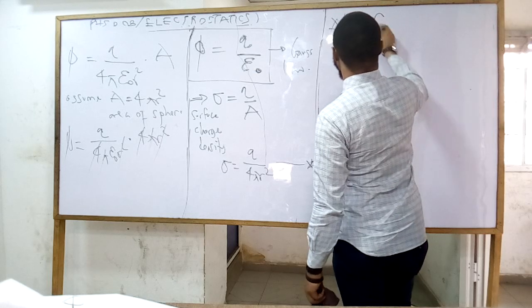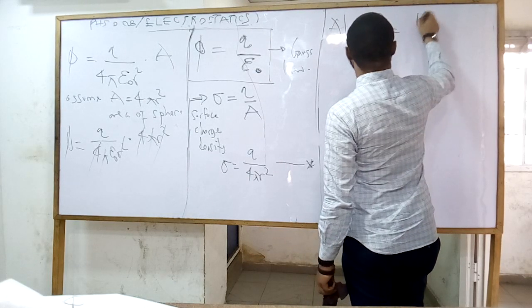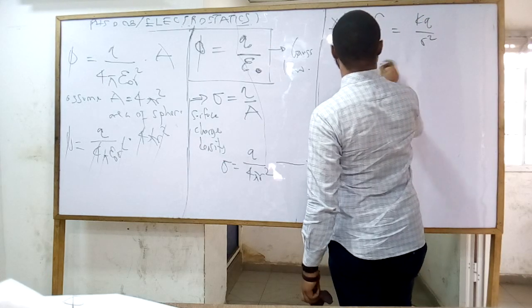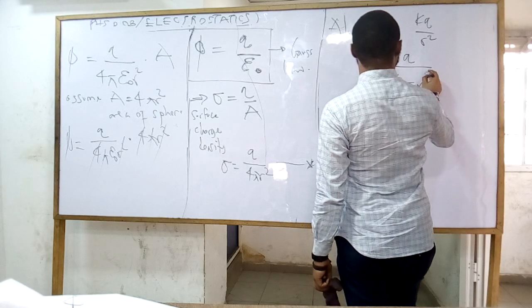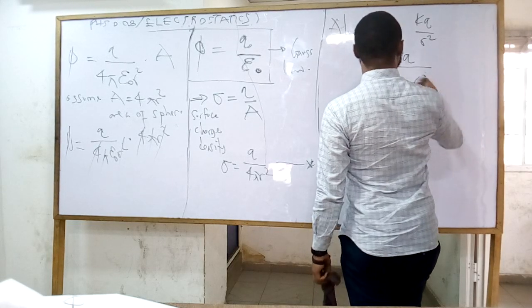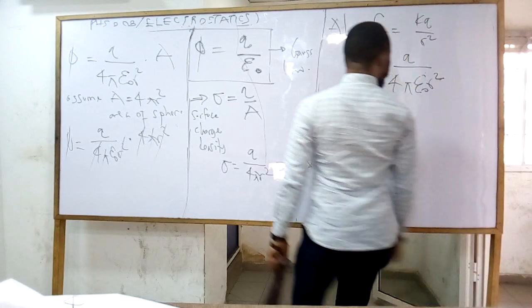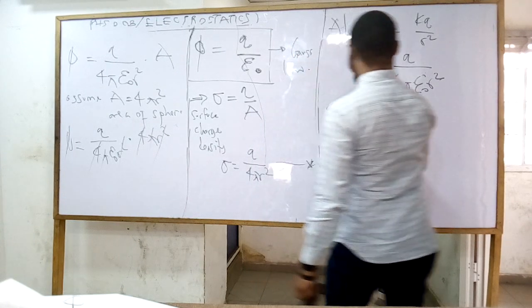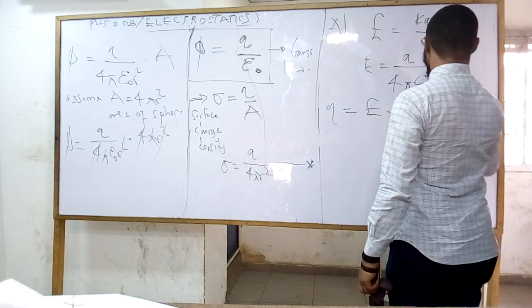Also my E equals KQ over R squared. If I go further, my E becomes Q over 4 pi E naught R squared. I'm not using K anymore, I'm using 1 over 4 pi E naught. Plus from here, my Q can be E times 4 pi E naught R squared.